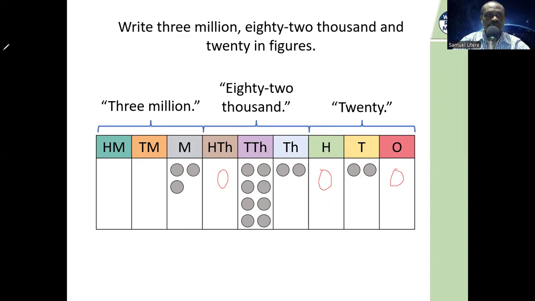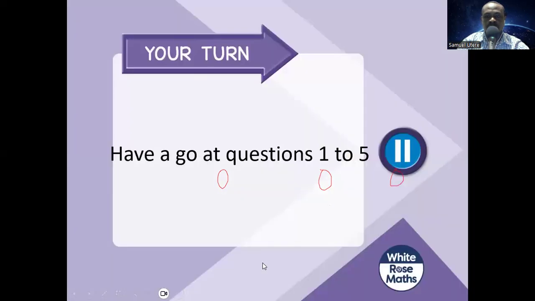So when we write our number in figures, we'll have this. Okay. So we write 3,082,020.